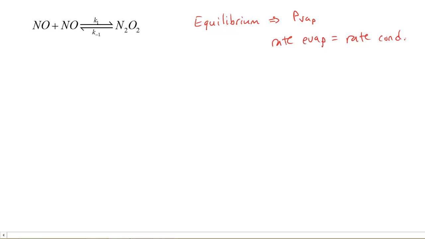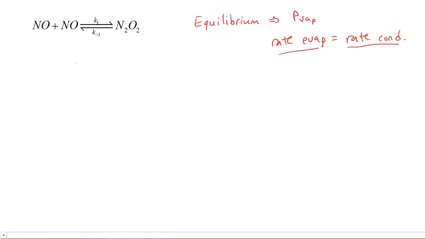So whenever there's an equilibrium, there are two opposing directions of some sort. In this case, evaporation versus condensation, two opposite processes. And if these two processes happen at the same rate, we call that equilibrium.